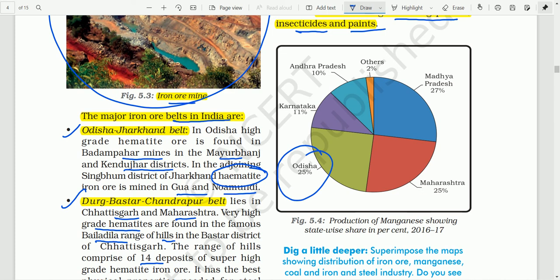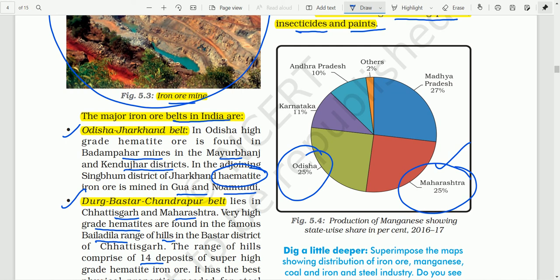Orissa, we have 25%. Maharashtra, again 25%. Actually, it was Orissa, but see, Maharashtra is also growing up. So these two states are the largest producers of manganese in the year 2016-17 in India.